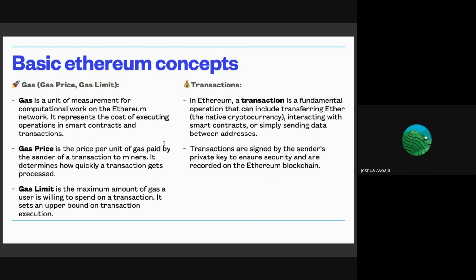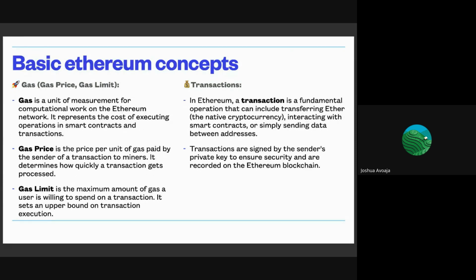Then gas price is the price per unit of gas that is paid by the sender of a transaction to miners, and it determines how quickly a transaction gets processed. So say for instance, you're going to be spending a total of 120 gas units.